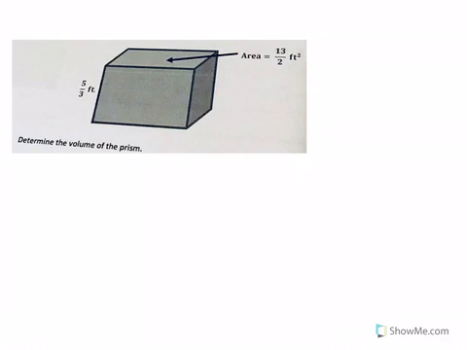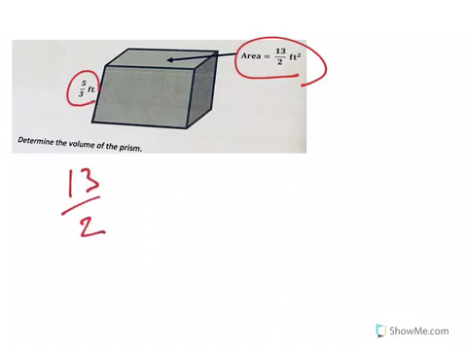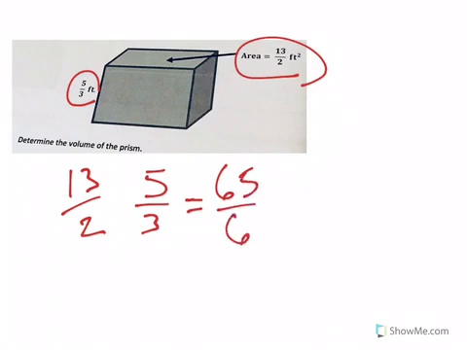For this next one, we're going to go over a few different questions. The first thing is fairly simple: determine the volume of the prism. We have the area of the base as 13 halves, and the height as 5/3. So we take 13 halves feet squared times 5/3 of a foot. 5 times 13 is 65. 2 times 3 is 6, so we end up with 65/6 feet cubed.